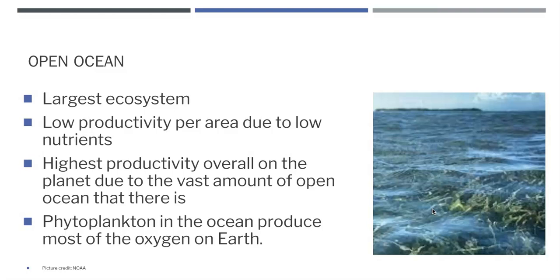Phytoplankton, which means photosynthesizing plankton. And no, I'm not talking about Plankton on SpongeBob, because the Plankton on the SpongeBob cartoon is drawn as a copepod, which is a real critter in the ocean, but it's a zooplankton, which eats phytoplankton. So copepods do not photosynthesize.